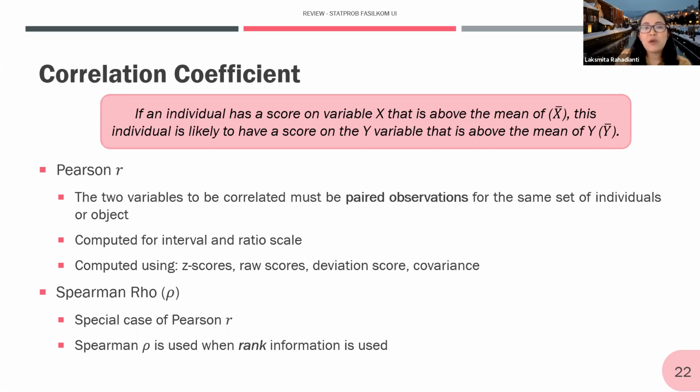The catch is that you have to have paired observations for every single data point. The Spearman rho uses rank information and thus can be an approximation of the Pearson r. Be careful not to confuse correlation with causation.